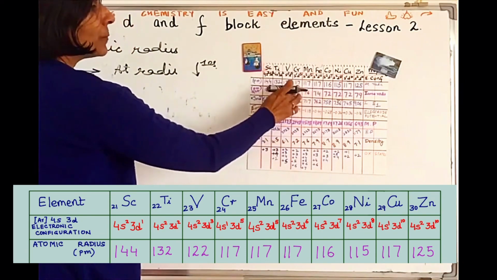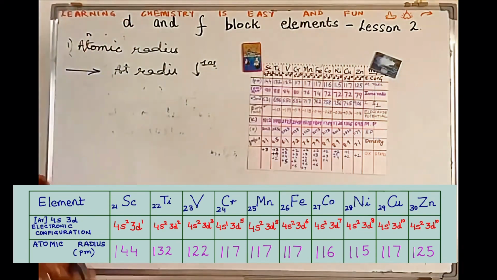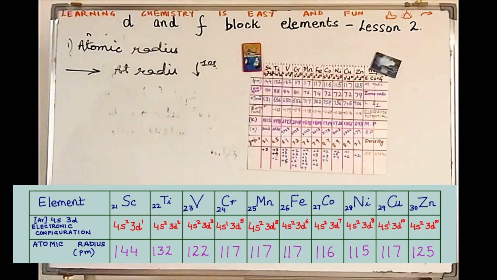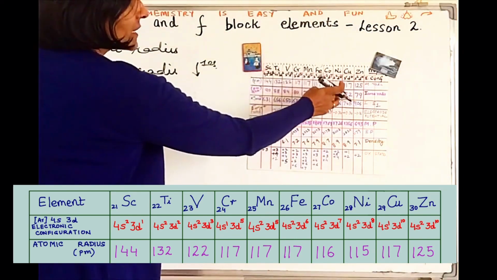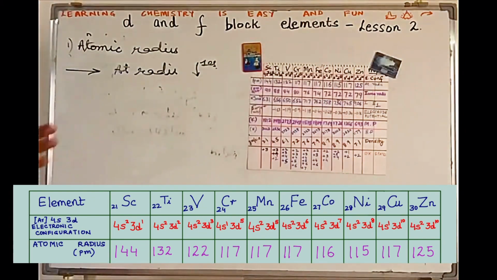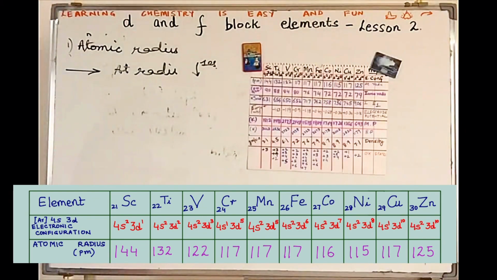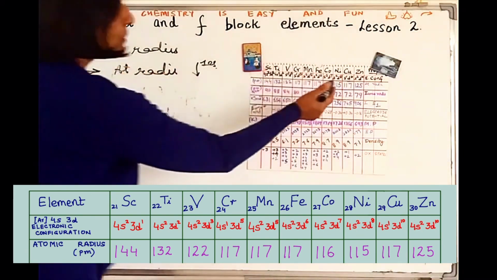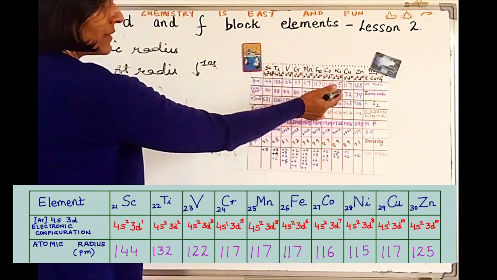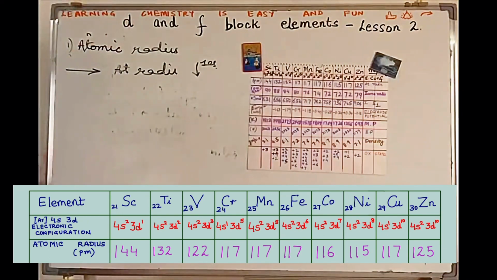Chromium, manganese, iron: atomic radii is the same, 117 picometer. Cobalt, nickel, copper: there is a slight decrease again. Coming to copper and zinc, copper again 117, zinc 125.